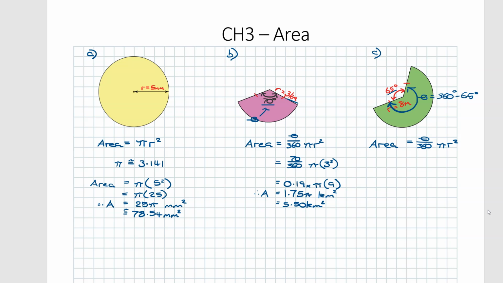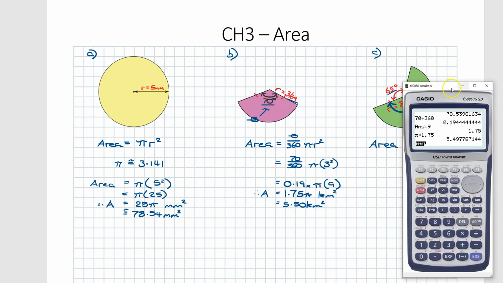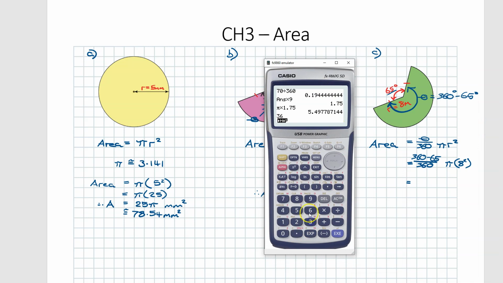So what we can write, one line down so it's a little bit clearer, is 360 take 65 over 360, times pi, times 8 squared meters squared. Now putting it in our calculator, we have 360 take 65, that's 295, divided by 360, so 0.81 or 0.82 if we round up.